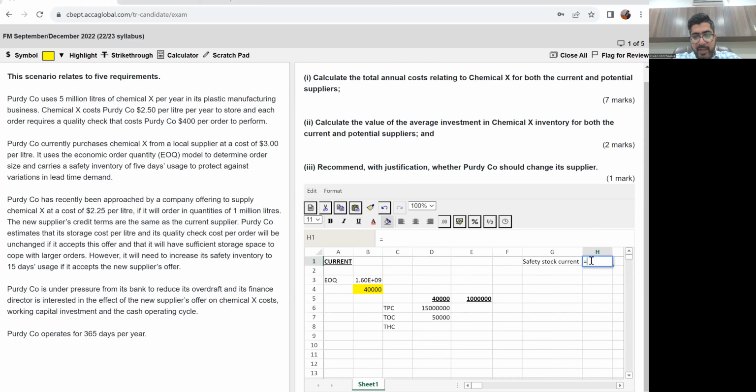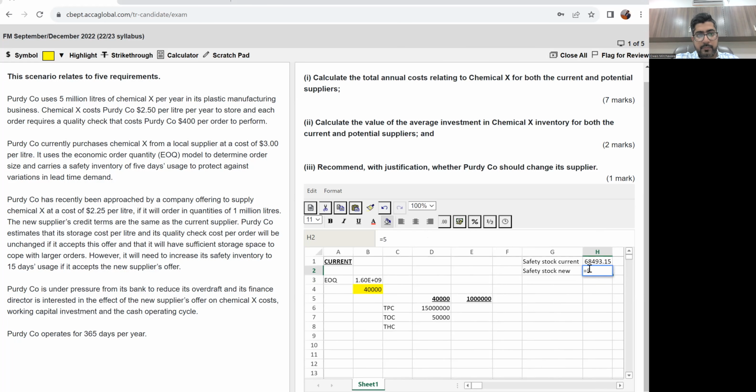So usage is 5 million divided by 365 per day, times 5. And the new safety stock is basically 15 days usage if it accepts the new supplier's order.